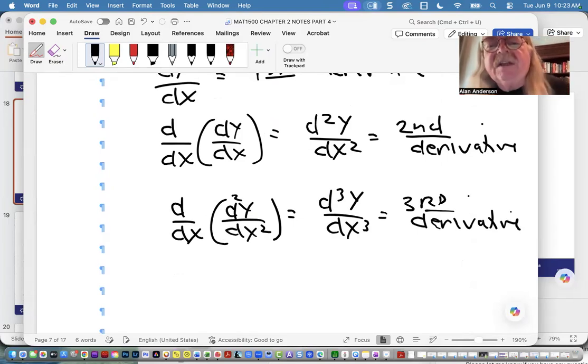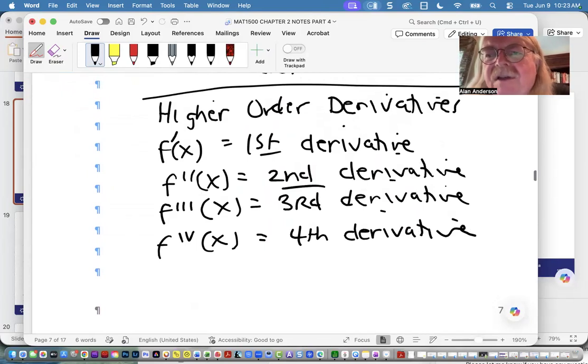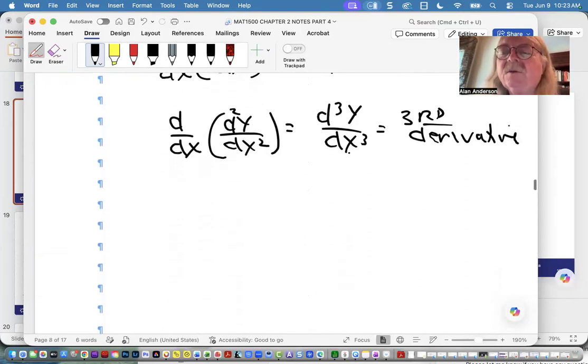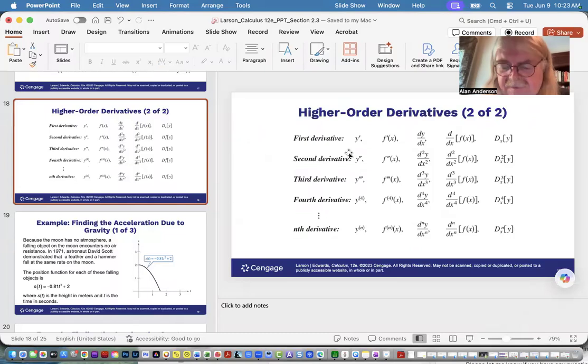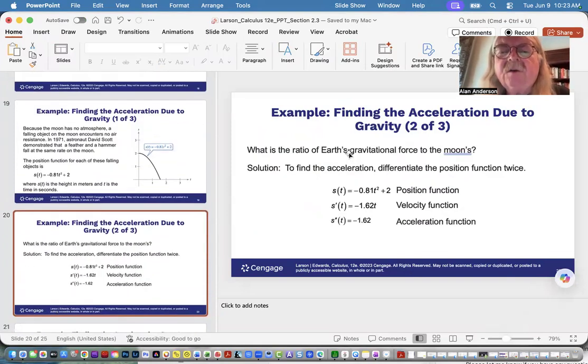So that notation potentially could be very confusing, but when you have primes, it's easy to see what's going on. So literally all you're doing is reapplying the same rules as many times as needed. And we did this one already. They're showing us the position, the velocity, which is the first derivative, and then the second derivative is the acceleration function.